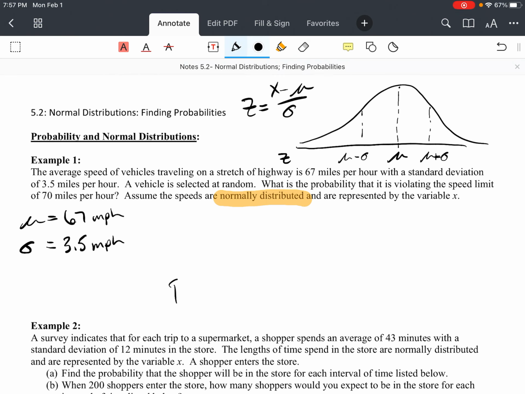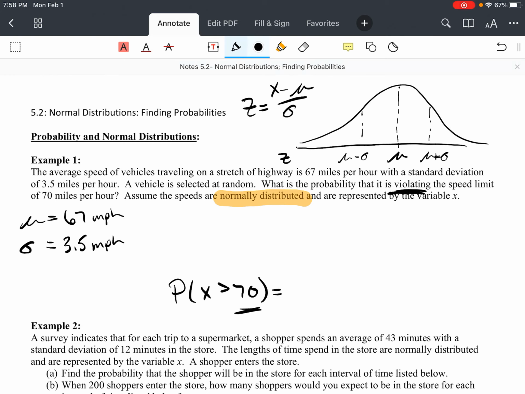All right, so let's take a look at what probability we're actually looking for. What we're looking for is the probability that the speed, represented by x, is greater than 70. So we're looking at the probability that it is exceeding or violating the speed limit.